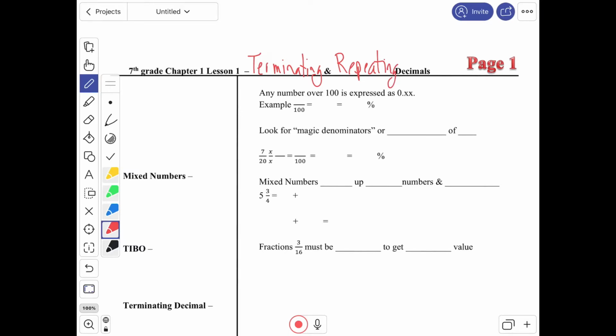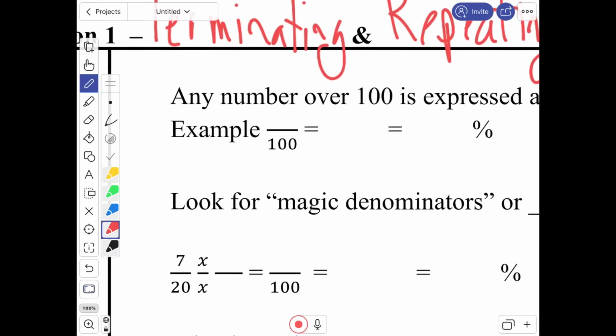So we need to talk about how to write a fraction as a decimal. Any number that is over 100 is expressed as 0, and decimal, then whatever that number is. For example, if you had 75 over 100, that would be just decimal 75, which of course as a percent is 75%.